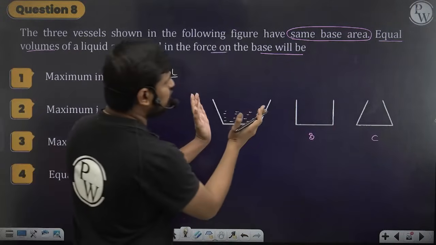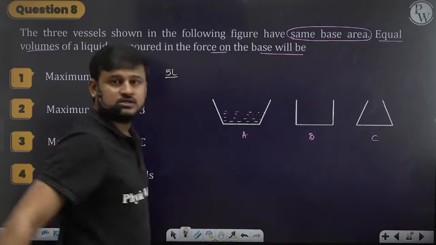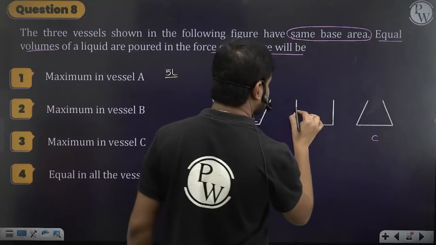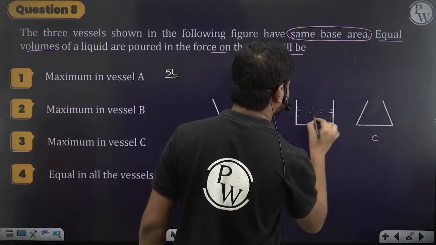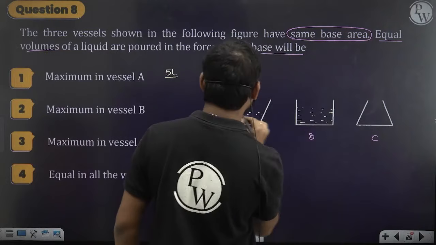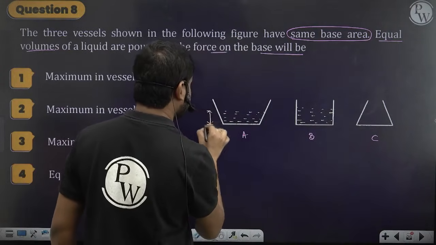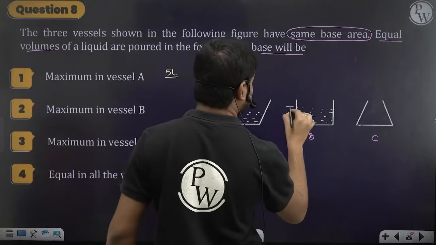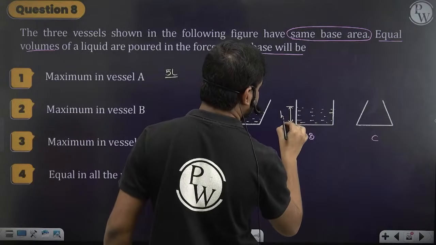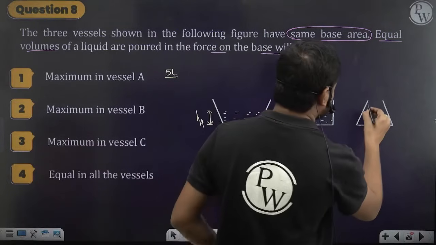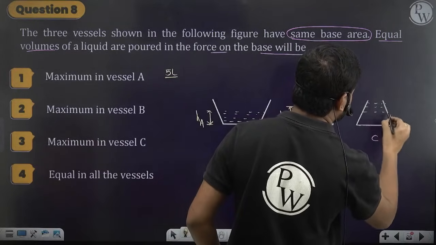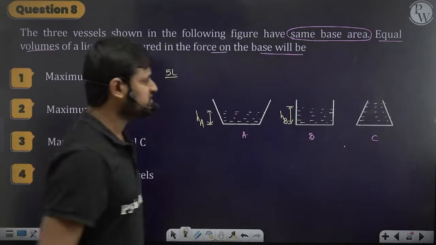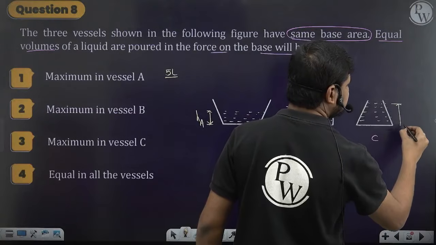This is the height in container A. The same 5 liters of water you pour in this one, and here let's suppose the height is going to be HB. And here obviously the height will be more, because the same volume of water will take more height in a shallow vessel. So it's going to be HC.